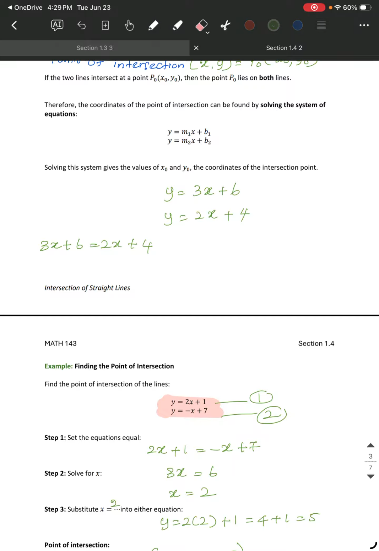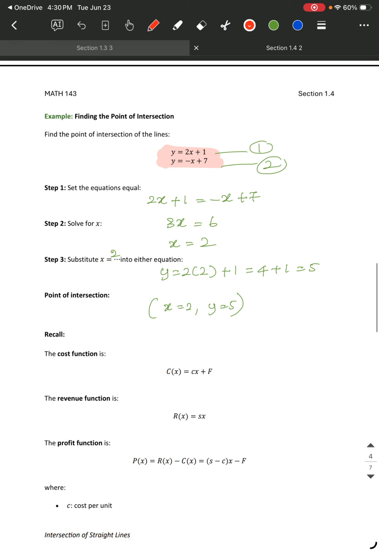Then x equals negative 2. By substituting, y equals 3 times negative 2 plus 6, negative 6 plus 6, y equals 0. The point of intersection is x equals negative 2, y equals 0.